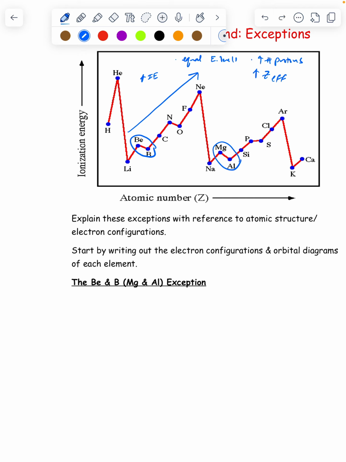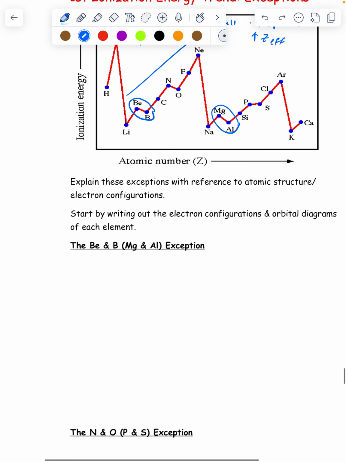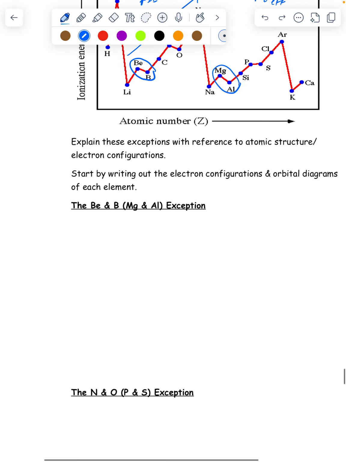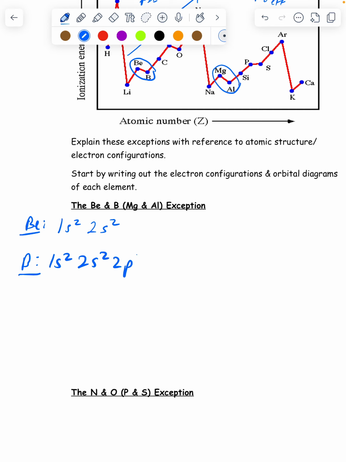I'm going to start by trying to explain this first one. Okay, we know that we can't just explain this with protons. If we could, it would be a general increase from left to right, but we see that boron is lower than beryllium. So we want to look closely at their electron configurations. For beryllium, we end up with 1s2, 2s2, whereas for boron, we end up with 1s2, 2s2, 2p1.